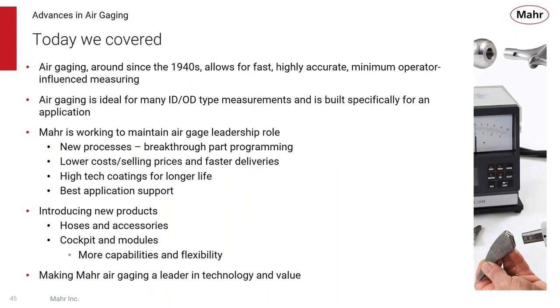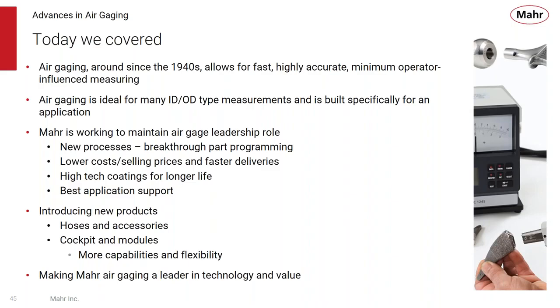So we've covered a lot today. We've learned that air gauging has been around since the 1940s, and Mahr has been around since that time. It's a very highly accurate, minimum operator influence measuring system. Air gauging is ideal for many ID and OD type measurements, and it's built specifically for the application, making it fast and easy to use.